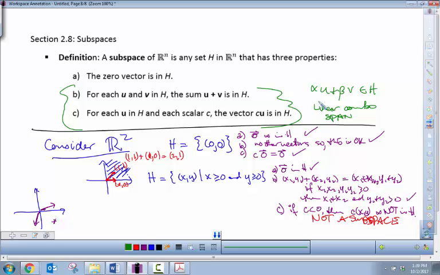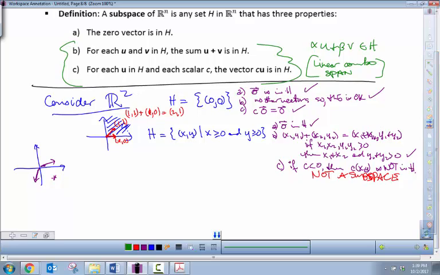So let's translate that to now what Evan said. There seem to be only three possibilities in R2. Three possible subspaces in R2. One of the subspaces we actually found, if your subspace is just the zero vector.